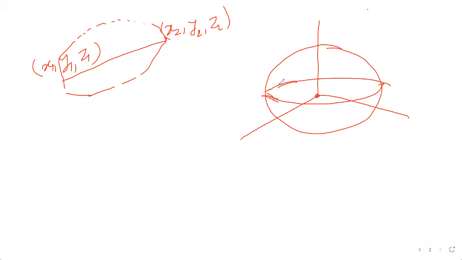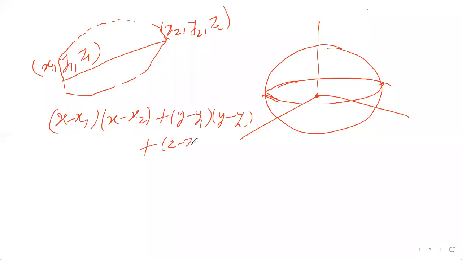In general, you can take the center anywhere. So in this case its equation was, remember, (x minus x1)(x minus x2) plus (y minus y1)(y minus y2) plus (z minus z1)(z minus z2) equals 0. It is the case when you know the end points of the diameter.